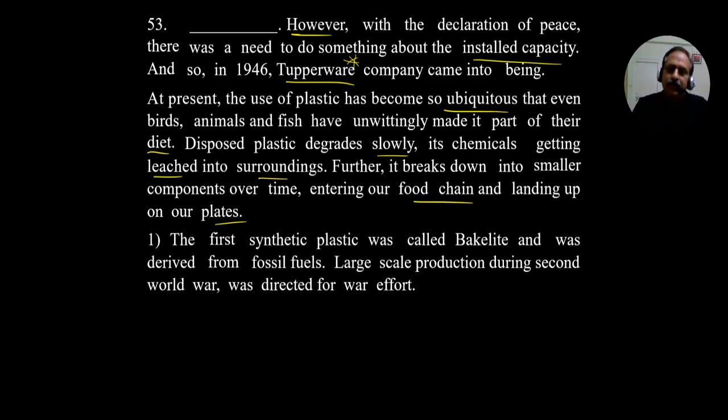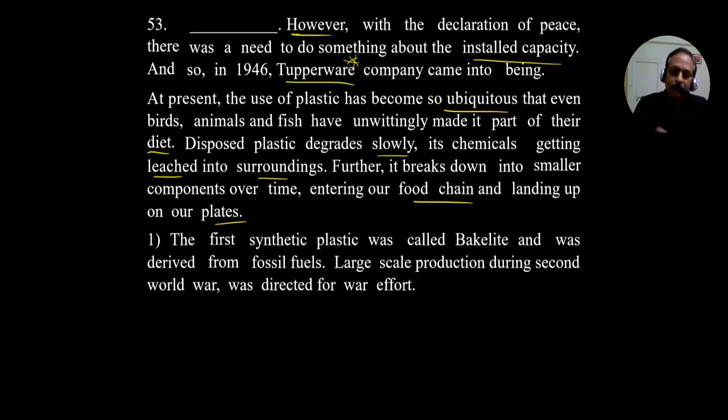It talks about the negative aspects of plastic, and how the Tupperware company came into being. And after that, it talks about the negative dimensions that go with plastic. So further, it breaks down into smaller components over time. And these smaller components enter our food chain and land up on our plates. Now the context is very clear.